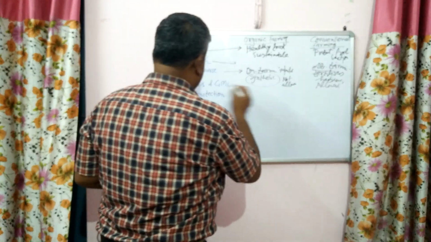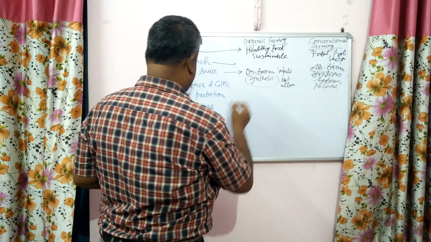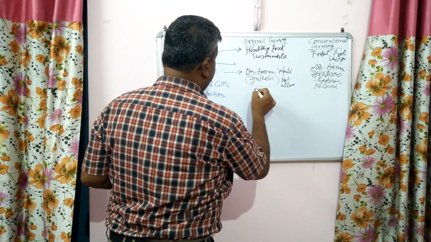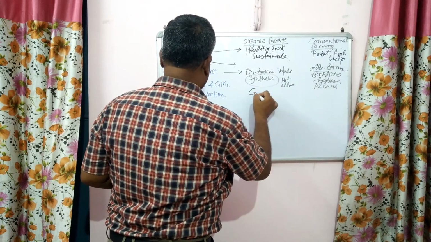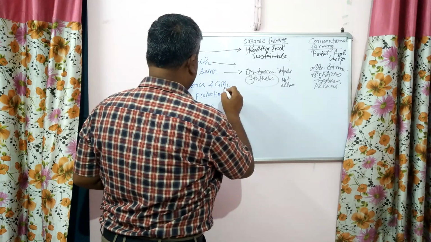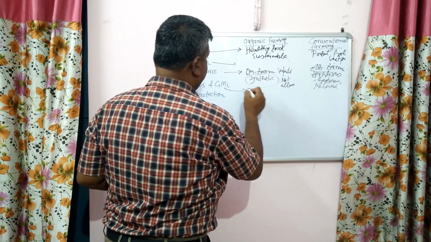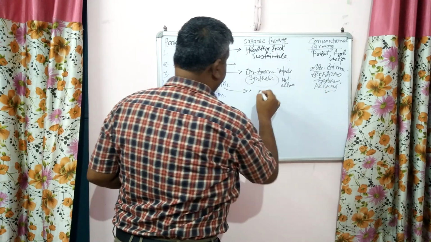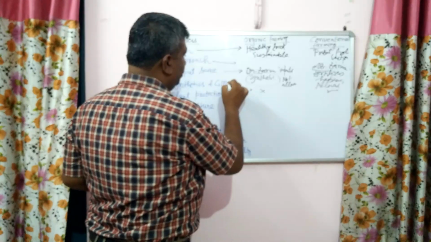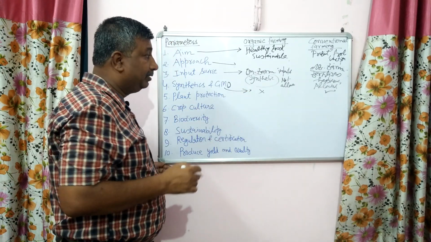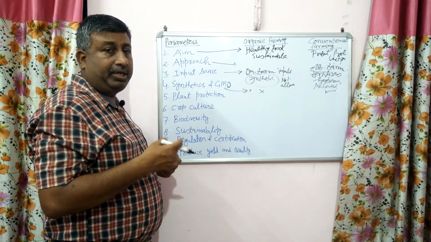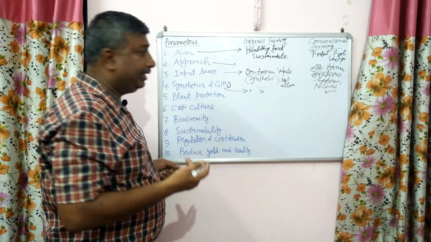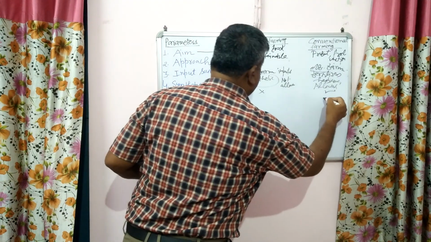And GMO, genetically modified crops, are not allowed in organic farming, while these are allowed here. GMO means genetically modified organism, maybe a crop or anything.